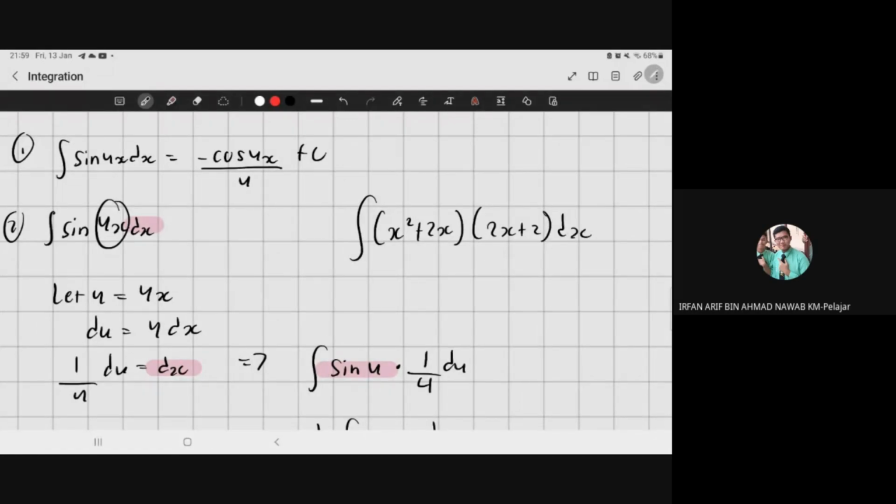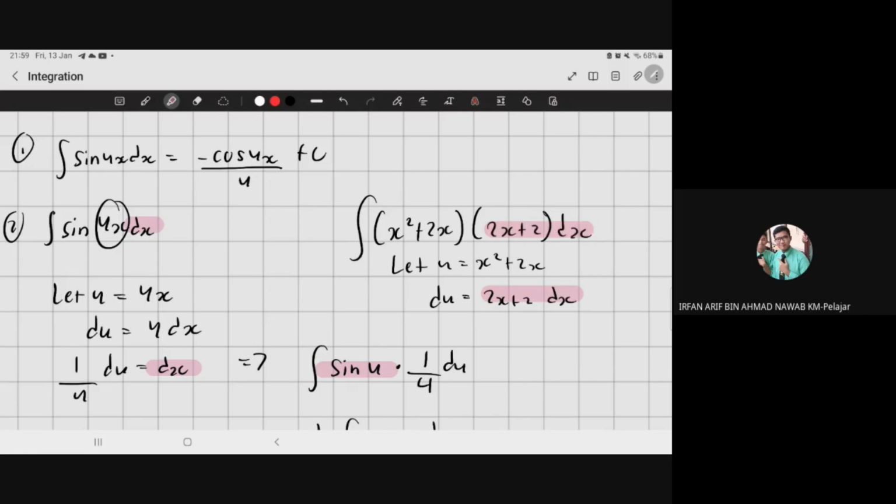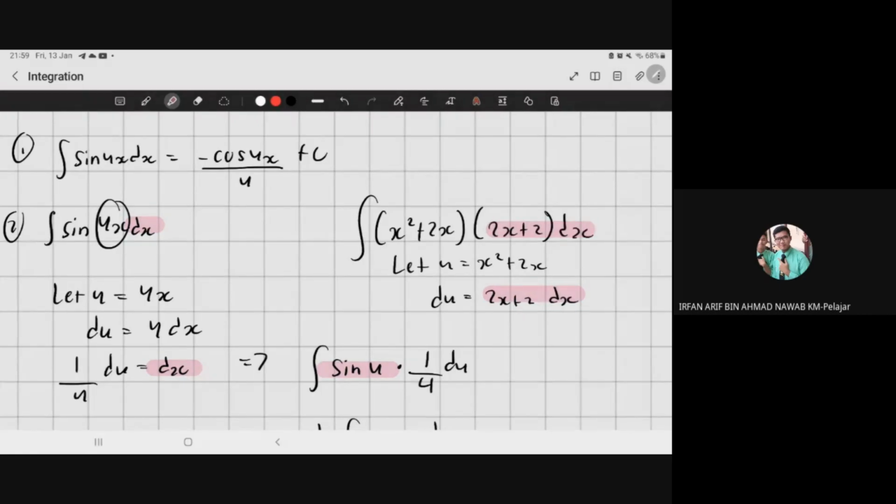How do you integrate this? You could integrate it by expanding it, but you could also use substitution. Let u equal x squared plus 2x. Differentiating with respect to x, you get du equals 2x plus 2 dx. As you can see, this is similar to this, so you could substitute.